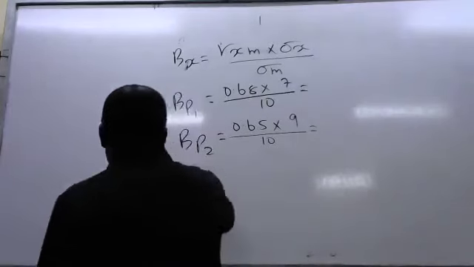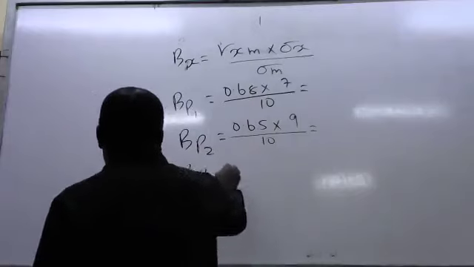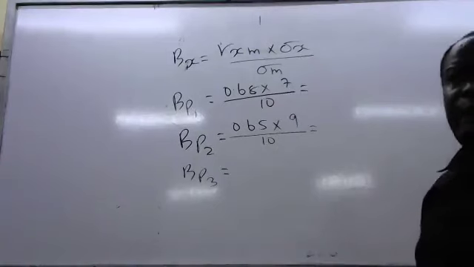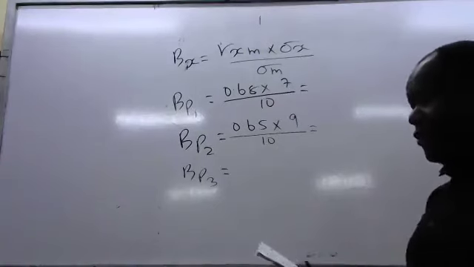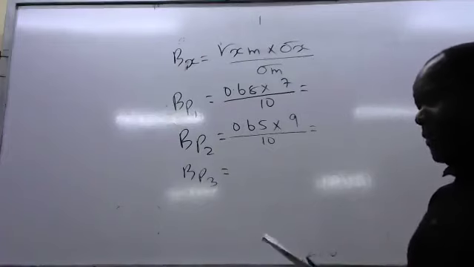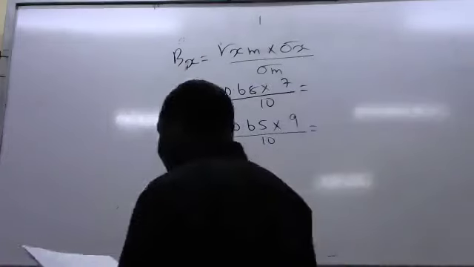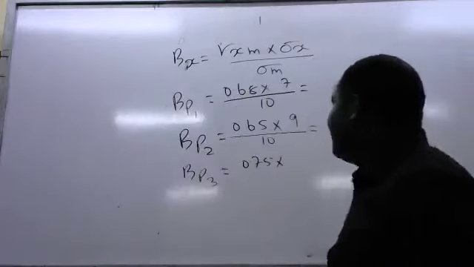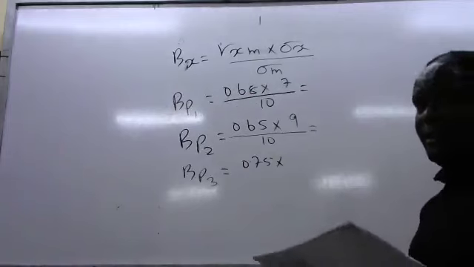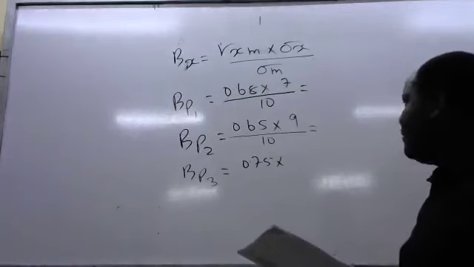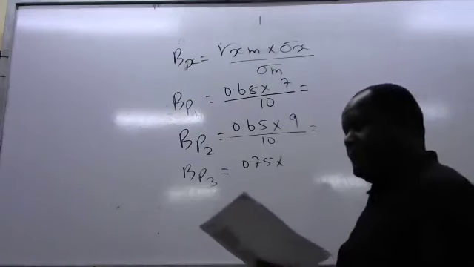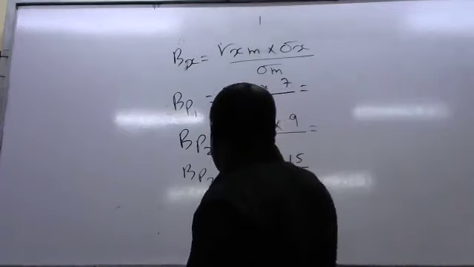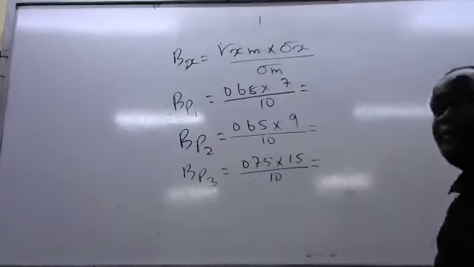Then you also compute the beta factor for project 3. What is the correlation coefficient between project 3 and the market portfolio? 0.75. Then we multiply by the standard deviation of project 3, which is 15, and divide by 10.